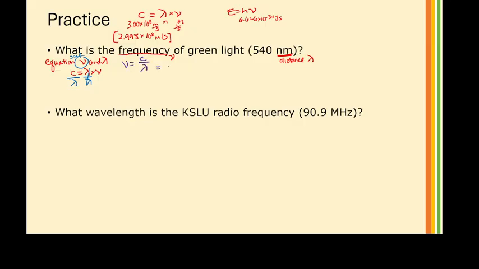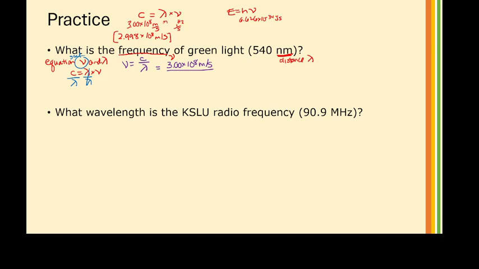Okay, so my C is 3.00 times 10 to the 8th meters per second. And I need frequency, so I need to get units of hertz, which are inverse seconds, so I need to cancel out the meters.